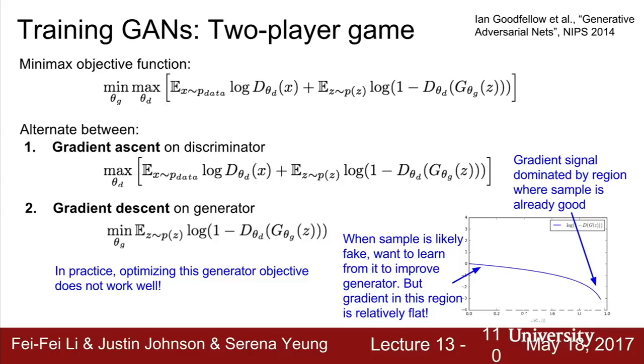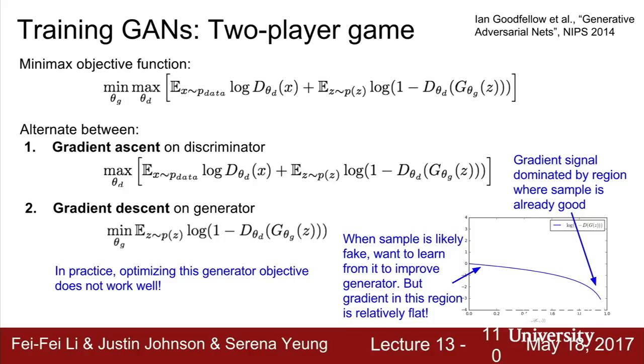It turns out the slope of this loss is going to be higher towards the right, high when D of G of z is closer to 1. That means that when our generator is doing a good job of fooling the discriminator, we're going to have a higher gradient.